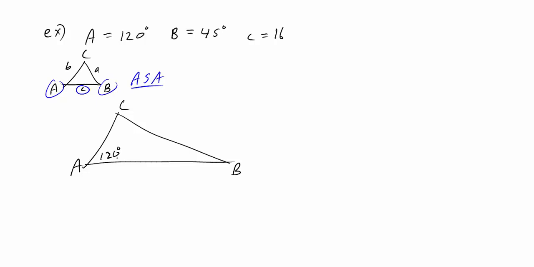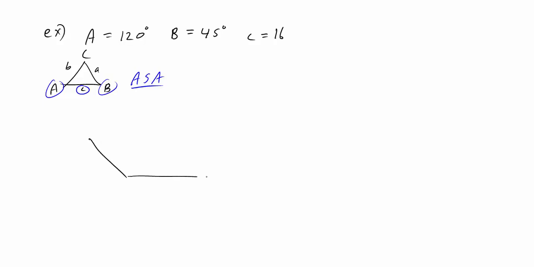Clearly this is not 120 degrees, so to make it more accurate, I could draw angle A bigger than 90 degrees, something like this where we have A, B, and C.